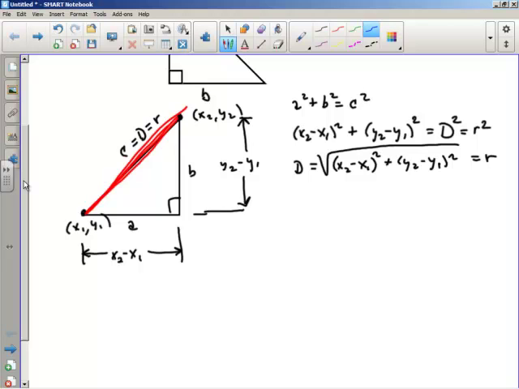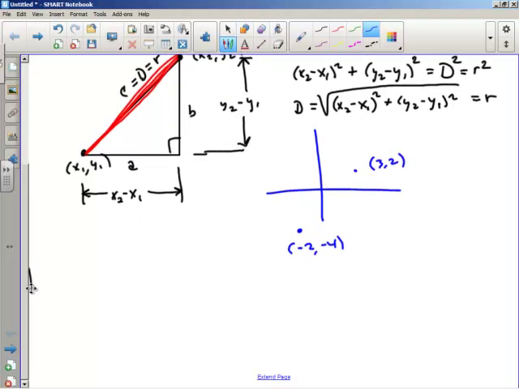Well, this segues very nicely into the equation of a circle, but let's just do a quick example. That looks like 3, 2 to me, and this point down here looks like minus 2, minus 4. So for this, the distance between those 2 points is just the length of this line segment between those 2 points.